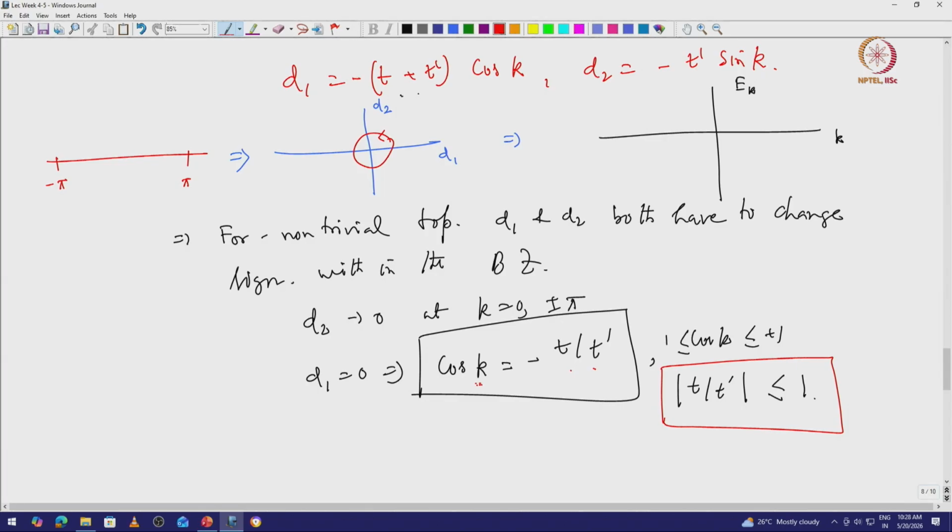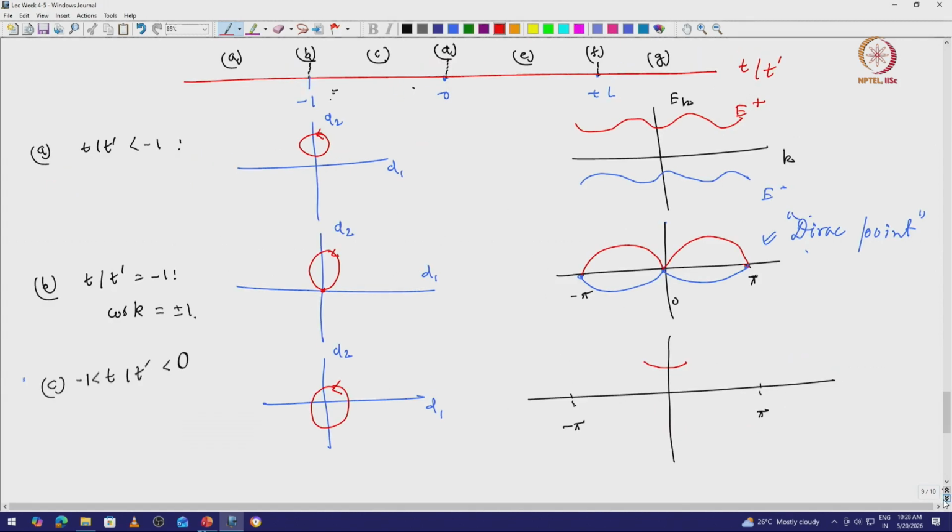Okay. And these two are different. So you will find that that is, let us say, the point at some k star, minus k star.